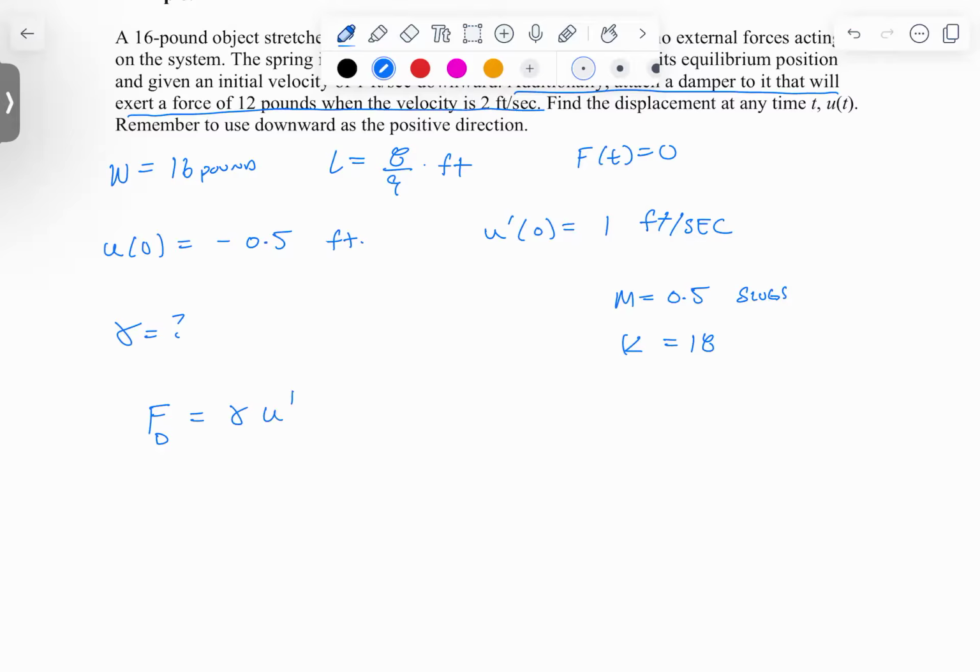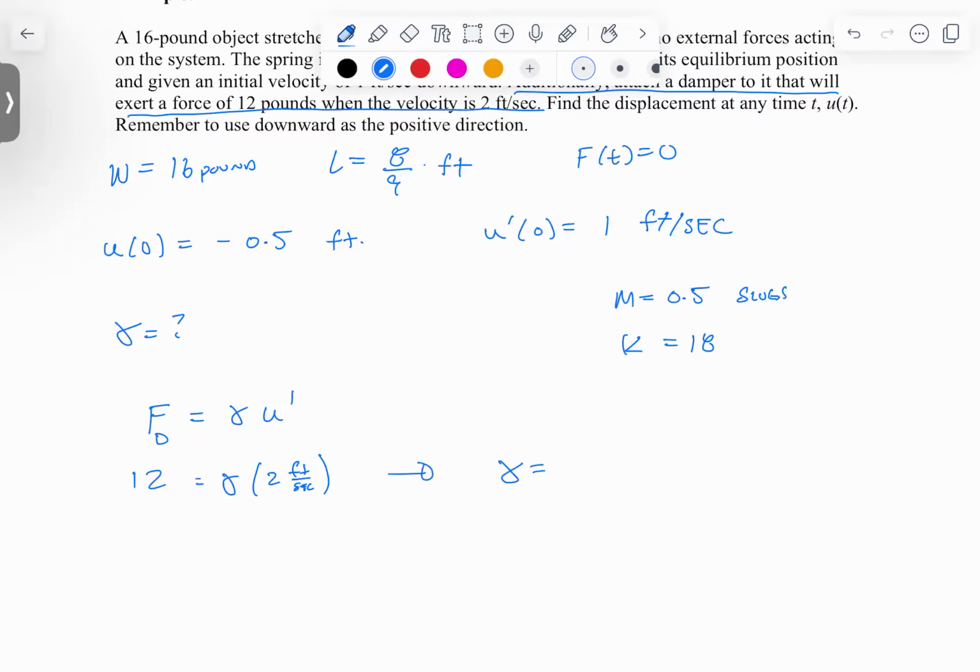It is the force related to the velocity. So we have a velocity of 2 feet per second, and our force, which we can just put in as 12.